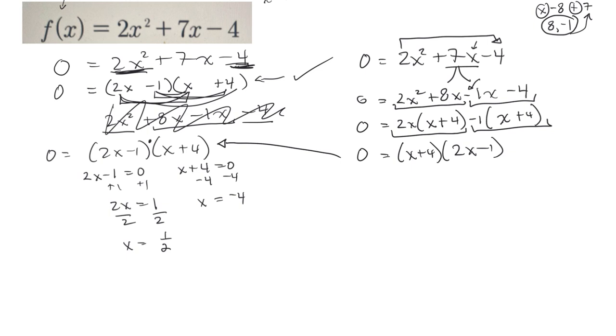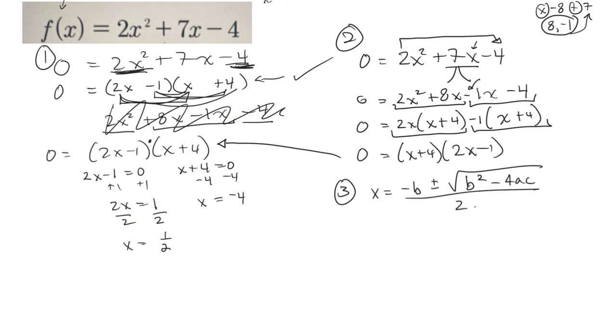Okay, a third way of doing that, so this is first way here, second way. A third way of doing that is just using the quadratic formula. The quadratic formula is x equals minus b plus or minus the square root of b squared minus 4ac all over 2a. And my a is this, my b is this, and my c is a negative 4.